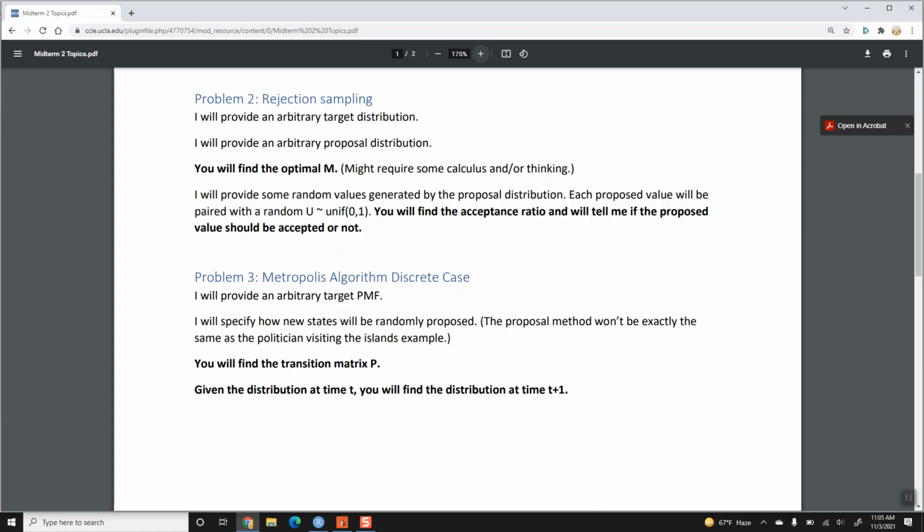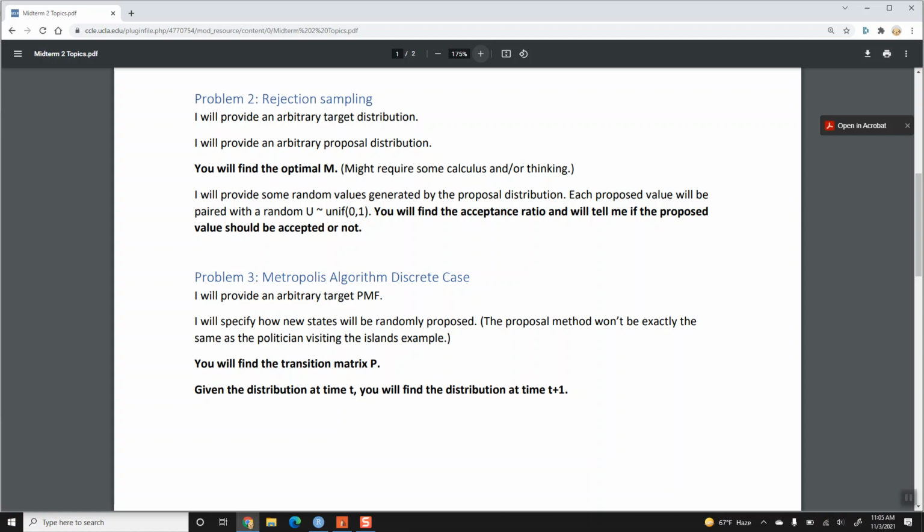And then I will also provide some random values generated by the proposal distribution. So I'll say the proposal distribution has produced these values. Each proposed value will be paired with a random uniform value, and you'll have to tell me whether we should accept or reject that proposed value.